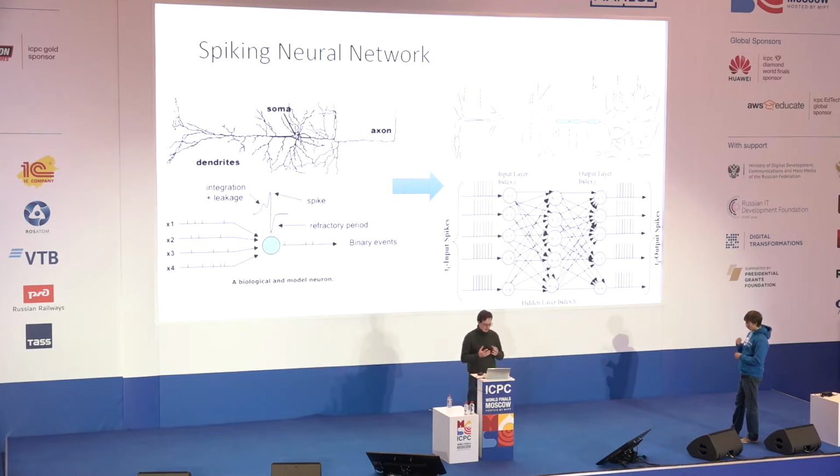The union of these types of neurons is named a spiking neural network. It is another way of doing artificial intelligence. It appeared maybe 20 years ago, and now it is developing very strongly. Many companies like Intel, IBM, and so on are trying to build special processors for simulating these neural networks.